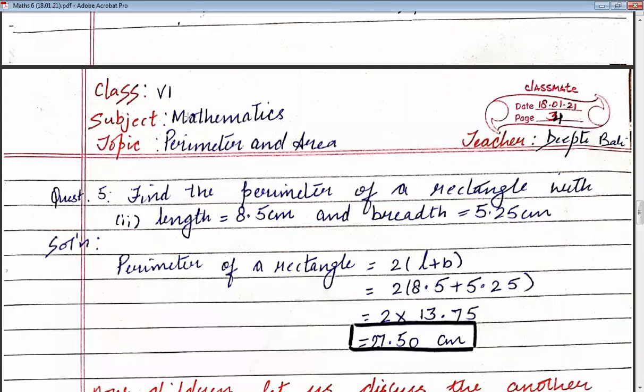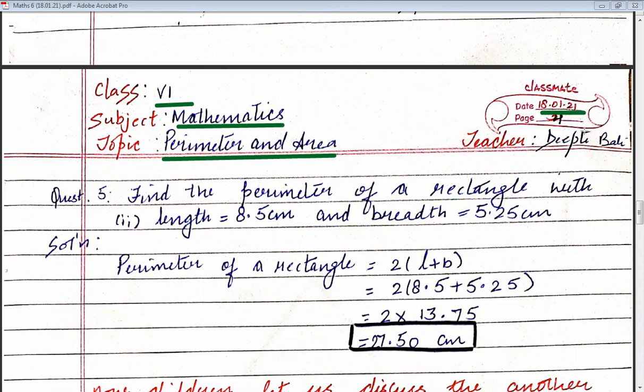Welcome back, students. This lesson is in continuation to class 6 for the subject of mathematics, topic perimeter and area, and is being submitted to you on 18th January 2021.